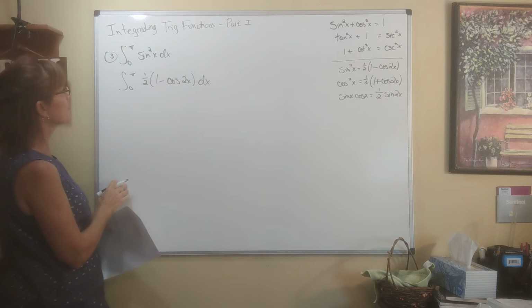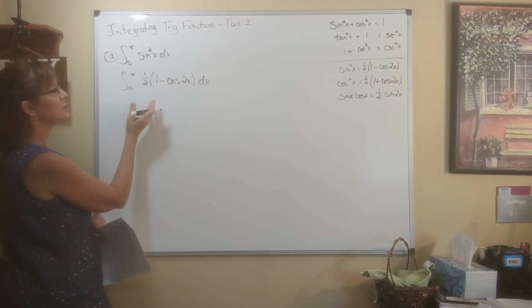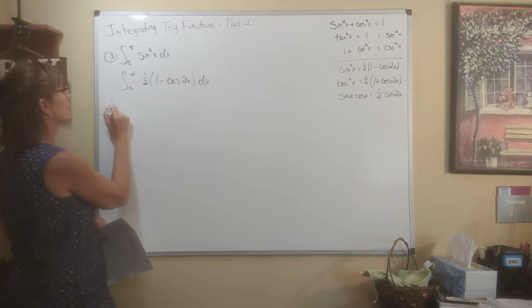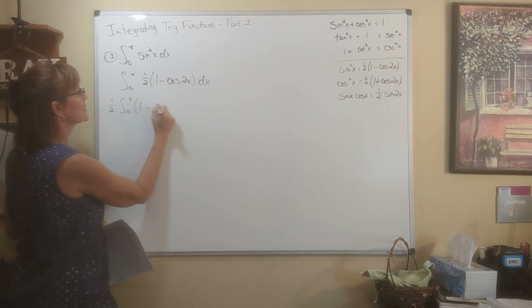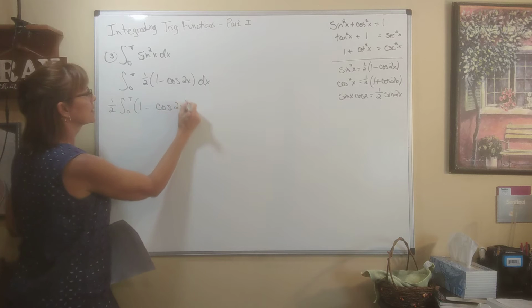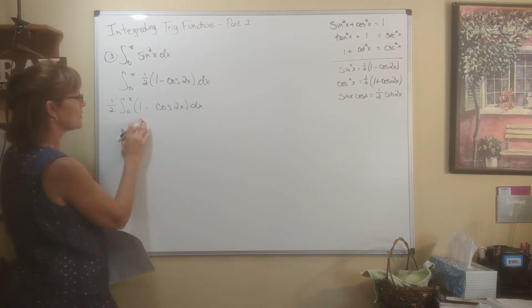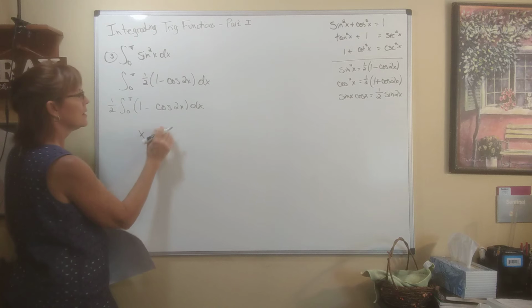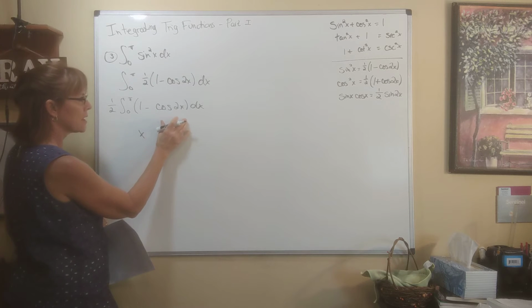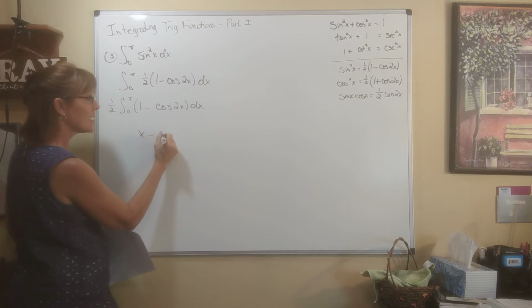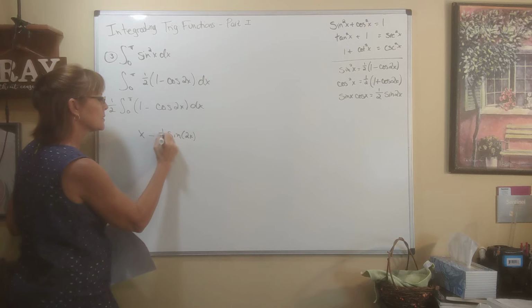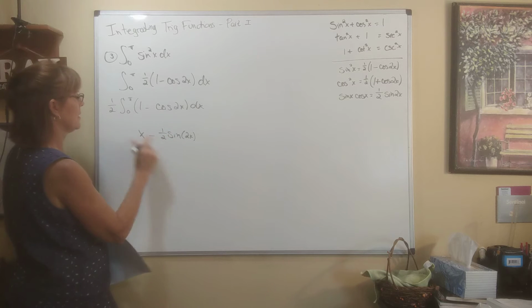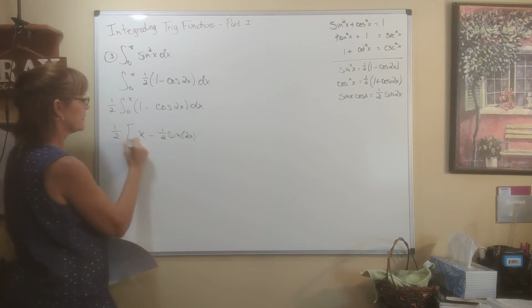We can integrate this. This is not a problem. I'm going to push the 1/2 on the outside. The integral from 0 to pi of 1 minus the cosine of 2x dx. The integral of 1 is x. The integral of cosine 2x is sine 2x, and we make that adjustment by putting a 1/2 right there. The 1/2 is still out here.